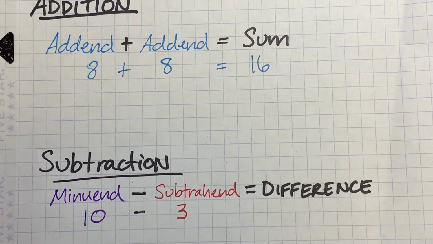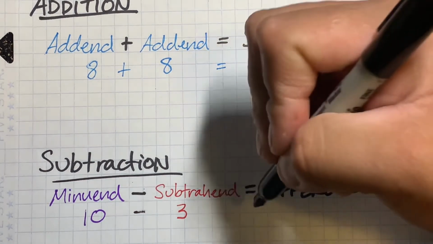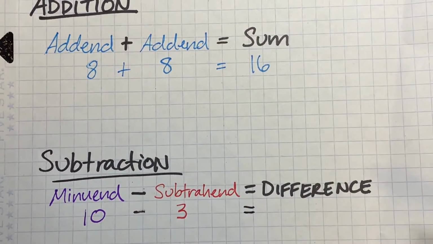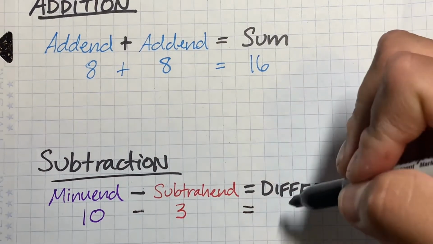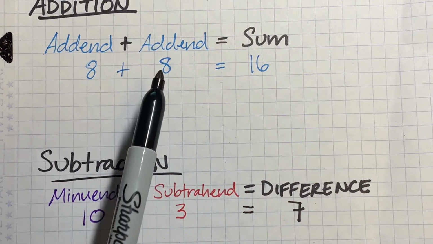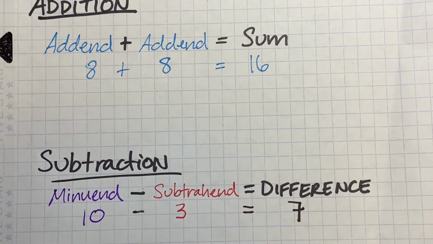Your subtrahend is the number that is to be subtracted, and the difference would be the answer to a subtraction problem. So 10 minus 3 is going to be 7. So the minuend 10 minus the subtrahend 3 will equal the difference 7. Same thing, the add-in 8 plus the add-in 8 equals the sum 16.